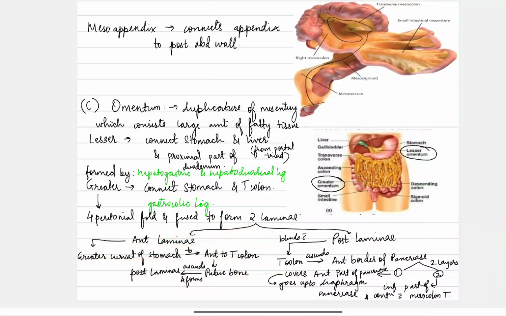Now this posterior lamina, from the transverse colon, ascends to the anterior border of the pancreas and divides into 2 layers. The first layer covers the anterior part of the pancreas and goes up to the diaphragm, and the second covers the inferior part of the transverse mesocolon and continues with the transverse mesocolon.